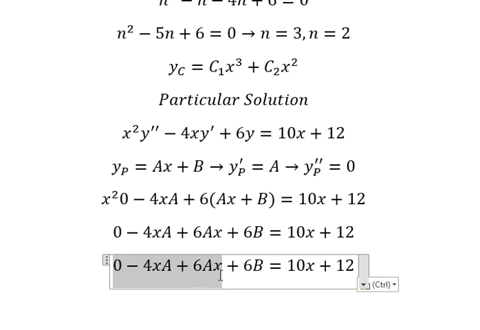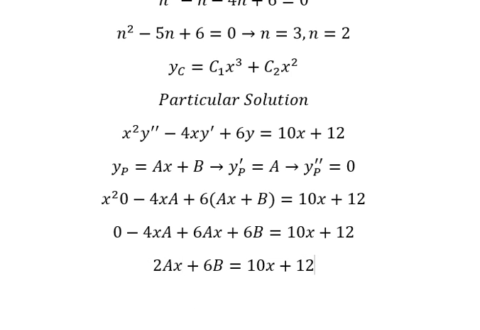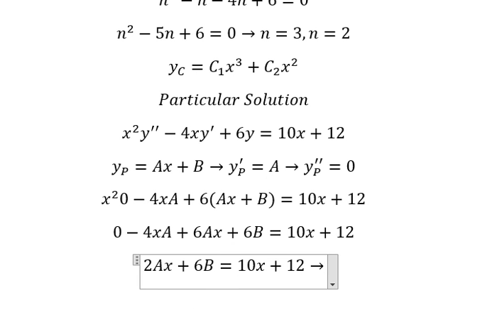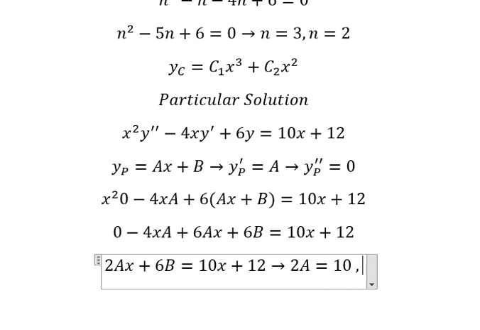This one we have 2as, and now we have 2as and 10s, so the coefficient of 2a equals 10. So we have 2a equals 10, and 6b equals 12.